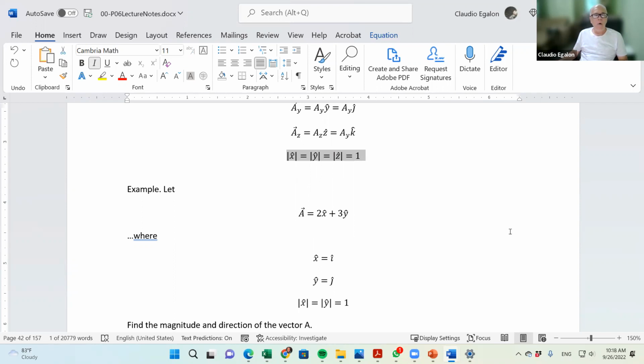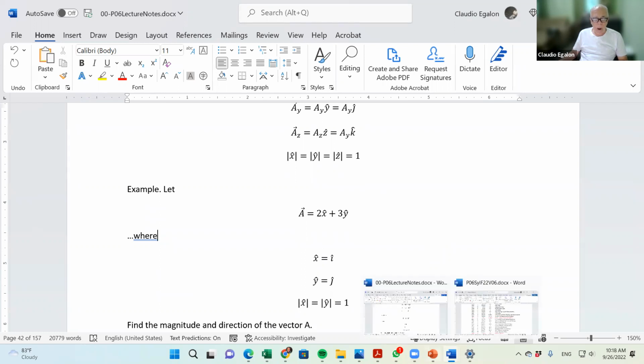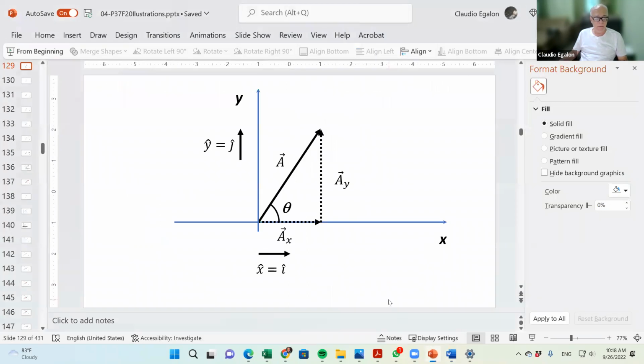So we are now going to find out, example, the magnitude, the length of this vector A. We have this arbitrary vector 2x plus 3y. How is it represented in the space? There should be 2 units along this direction and 3 units along this direction.